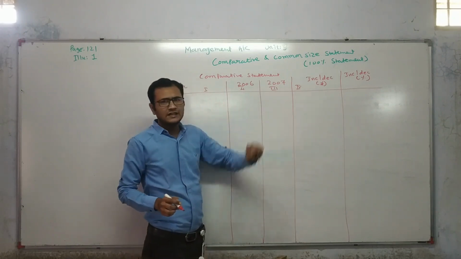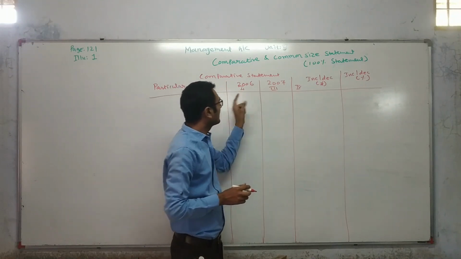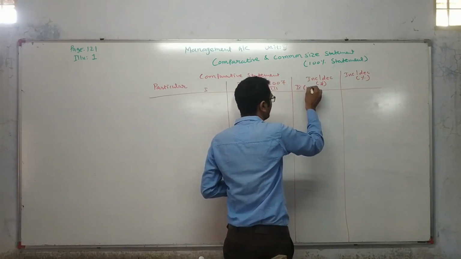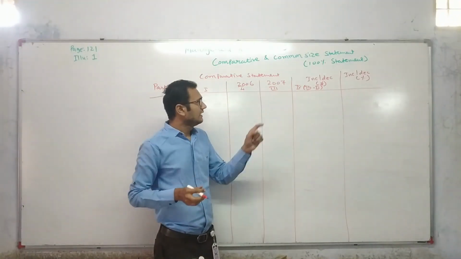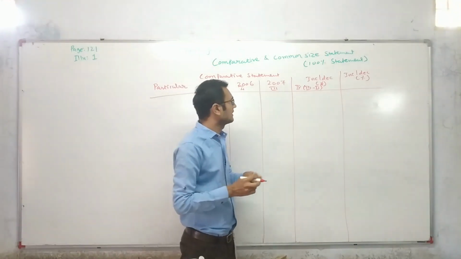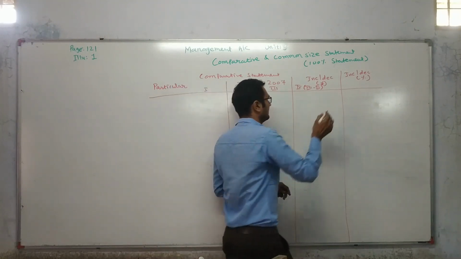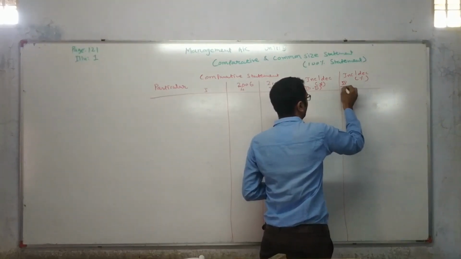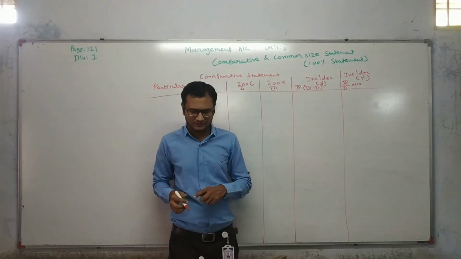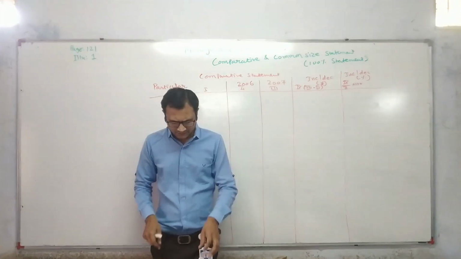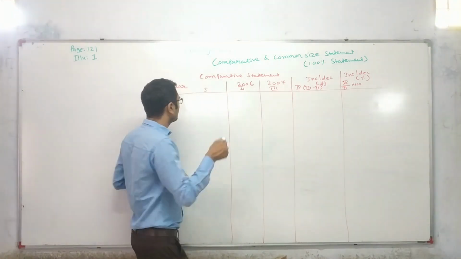Now, how can you find out increase or decrease in rupees? Column number 3 minus column number 2. And how can you find out increase or decrease in terms of percentage? So column number 4 divided by second column into 100, and you will get fifth column. So first of all, we'll start with the liabilities and thereafter asset.